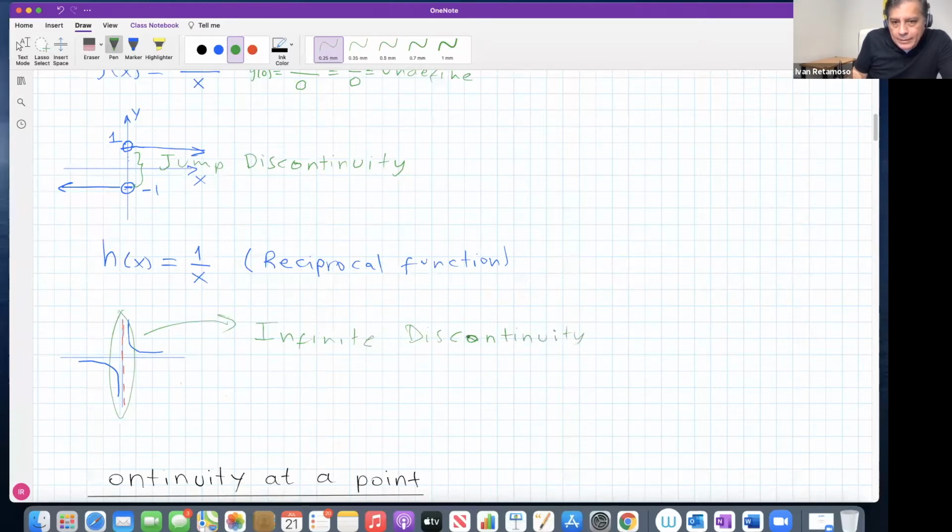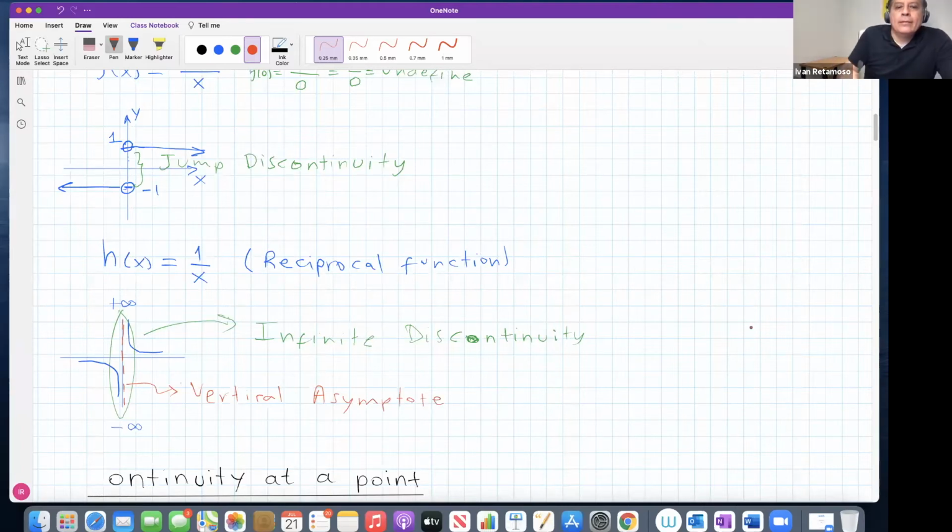All right, this is the third type of discontinuity. I hope at this point you will be able to identify it. Plus infinity here, minus infinity here. That's what they call infinite discontinuity, and it always shows a vertical asymptote here.